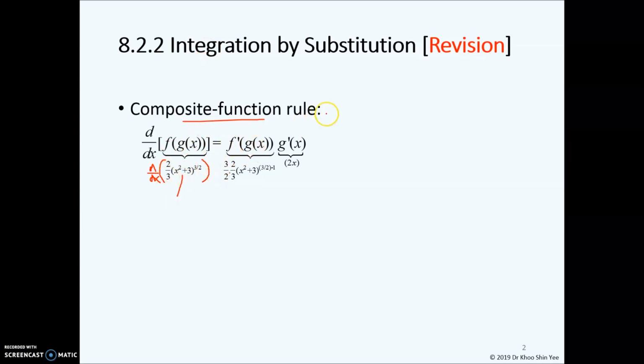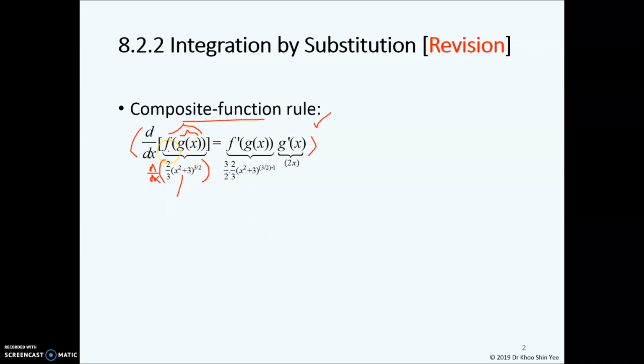To solve this problem, we can use the composite function rule, where you have the function g(x) embedded inside the function f(x).